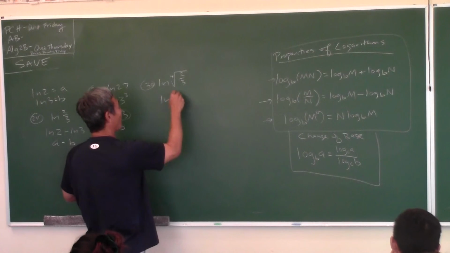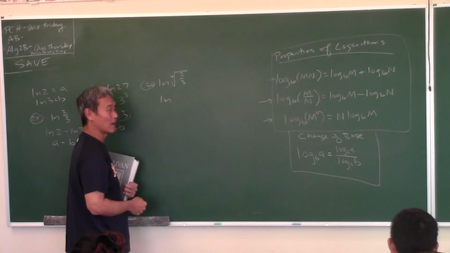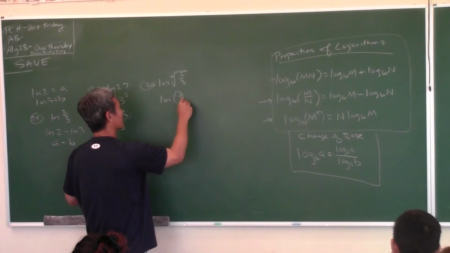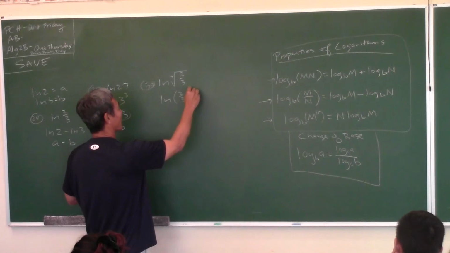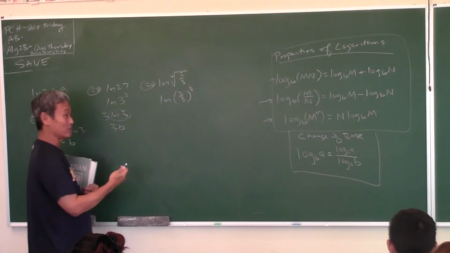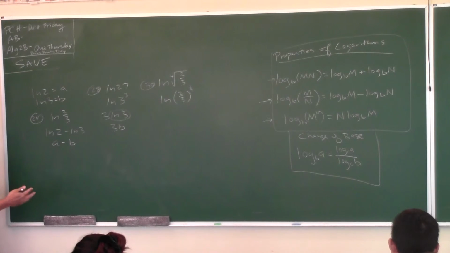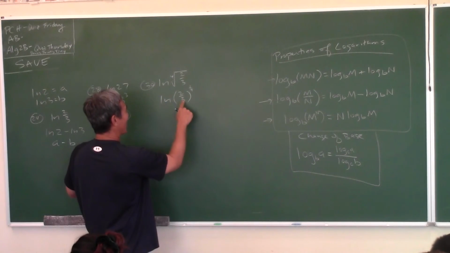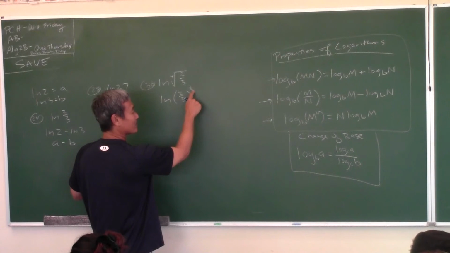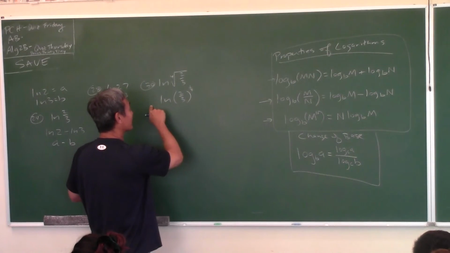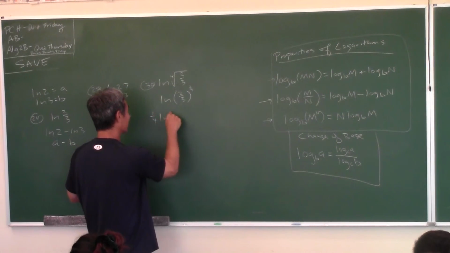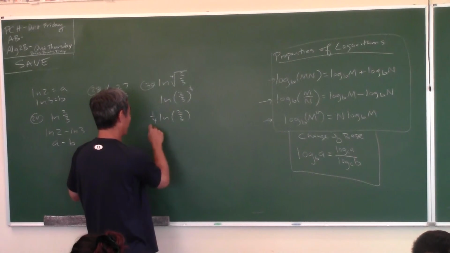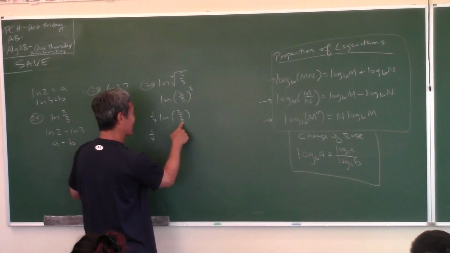Now, the 4th root means what? What power does that mean? It means 2/3 to the what power? 1/4 power, right? Like square root means 1/2 power, right? Cube root means 1/3 power. Okay? And then, what happens when you have a number to a power? What can I do with this power? Put it in the front. And then now, what do I do with this one here? Natural log 2/3.